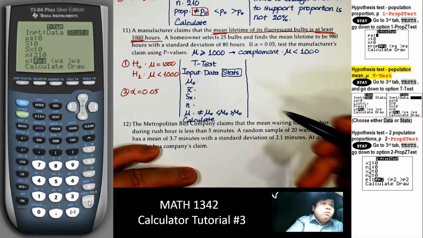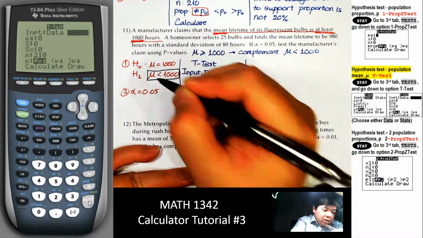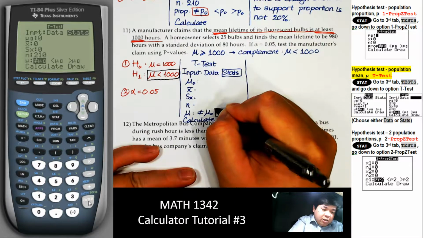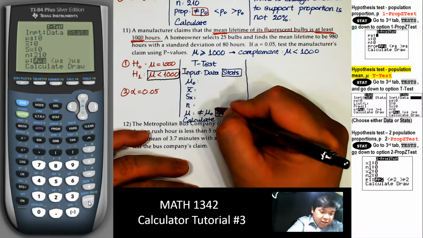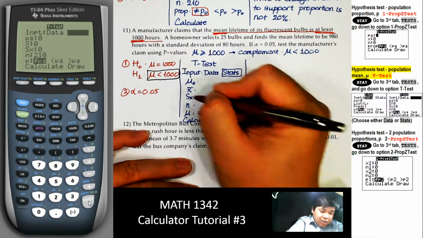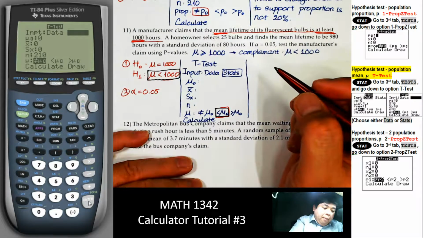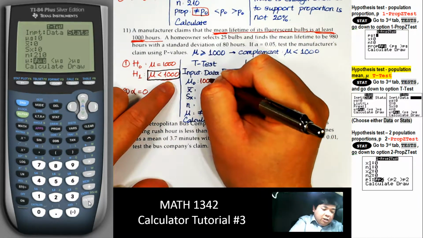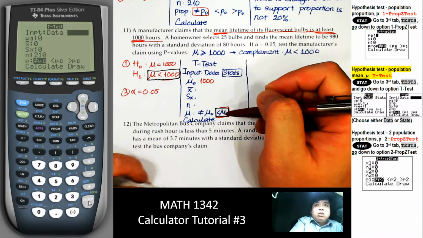First of all, we look at the alternative hypothesis, and it is less than, so we have to choose this one. And then the 1000 will be on that side. So less than 1000, we choose less than 1000.